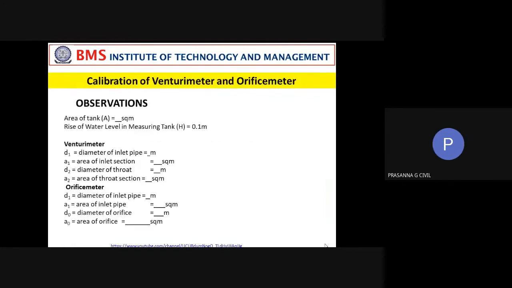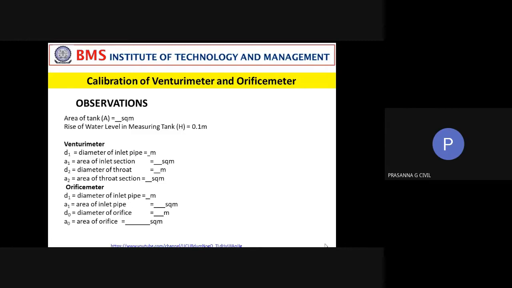So, coming to the venturi meter and orifice meter calibration observations, area of the tank need to be collected, the rise of water in the measuring tank, which is usually taken as 10 centimeters, recorded as 0.1 meter.